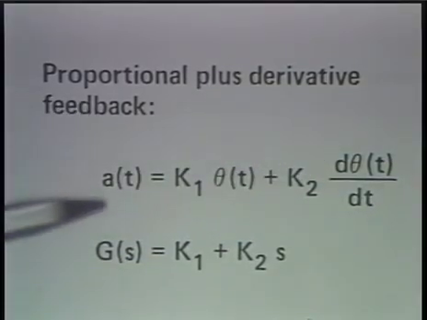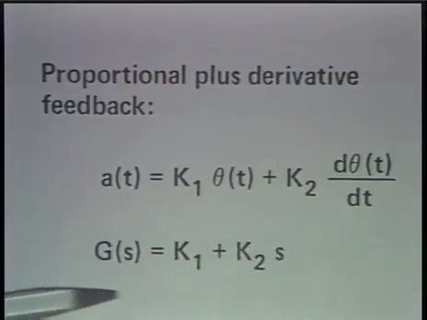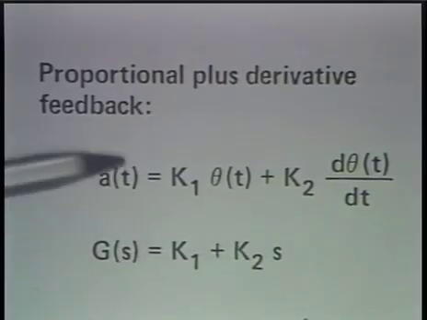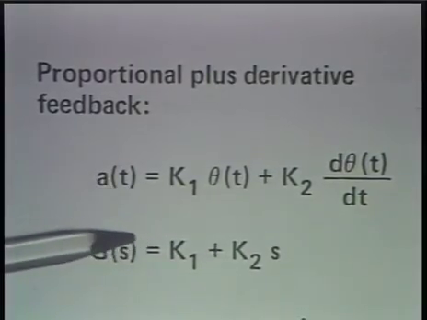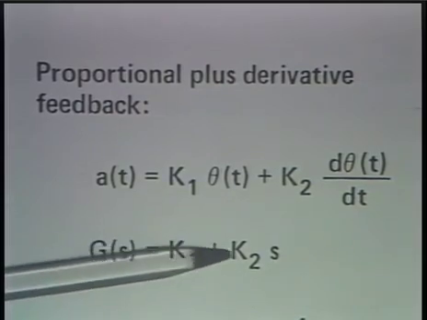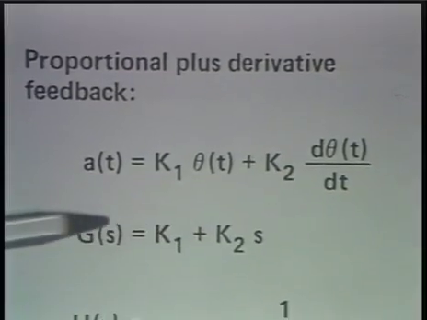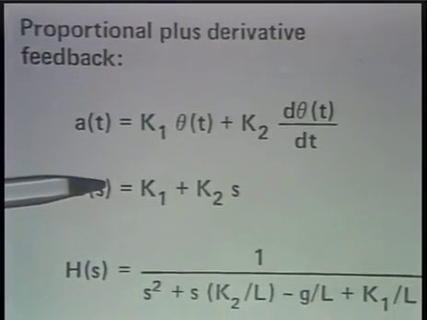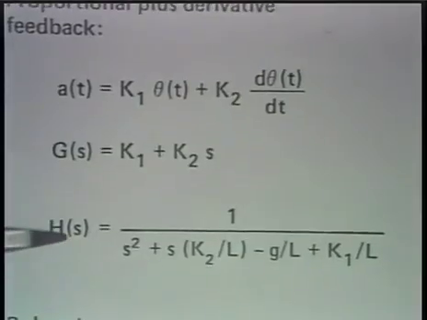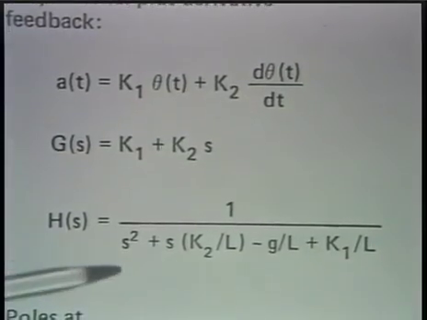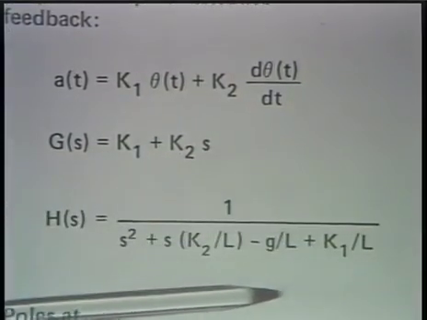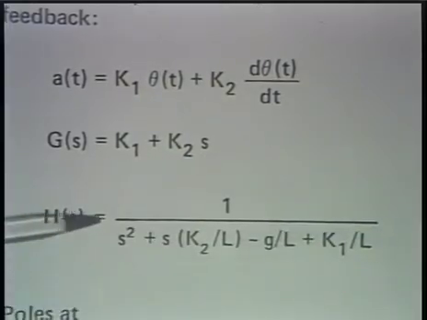And so the basic system function with proportional plus derivative feedback is k1 plus k2 times s. We then have an overall closed loop system function, theta of s, which is given by this equation.